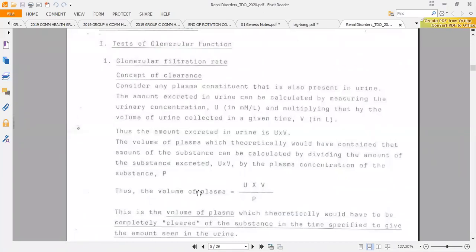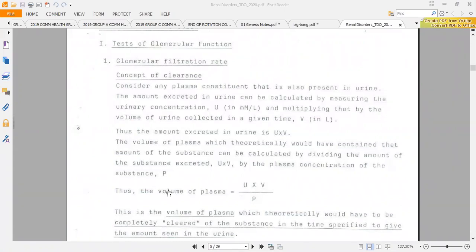So we are saying that this volume of plasma has been cleared of the drug. This is the formula for clearance. So the formula for clearance is equal to the concentration of the drug in the urine times the volume of urine collected in 24 hours, all divided by the plasma concentration of that substance.